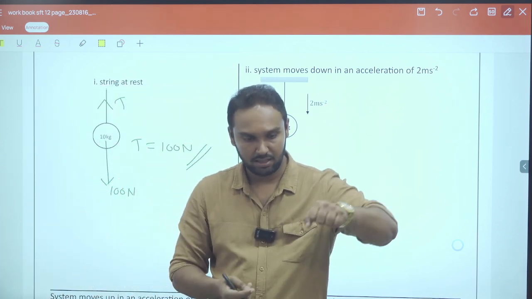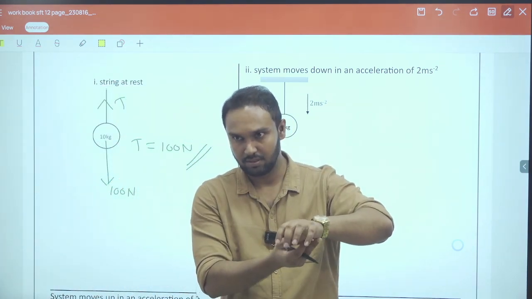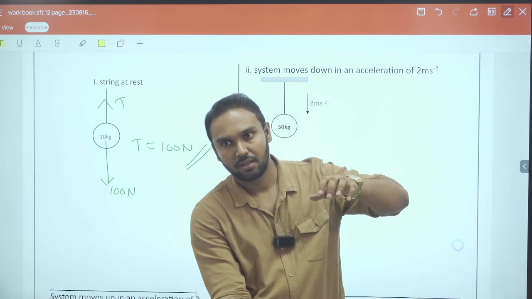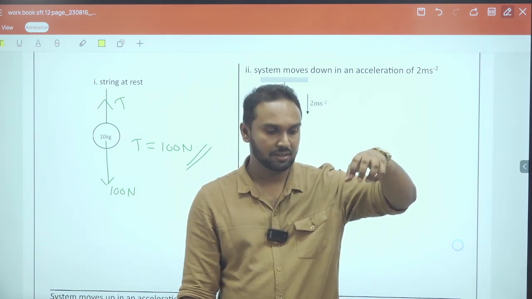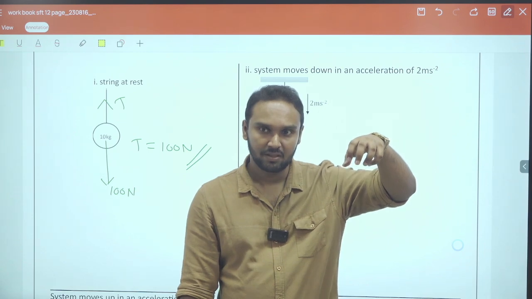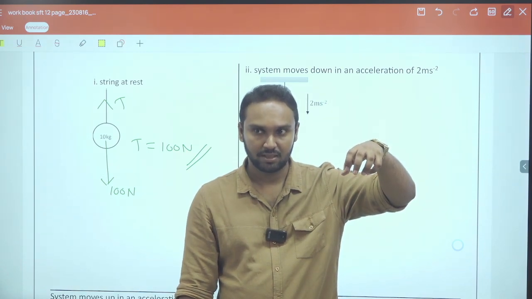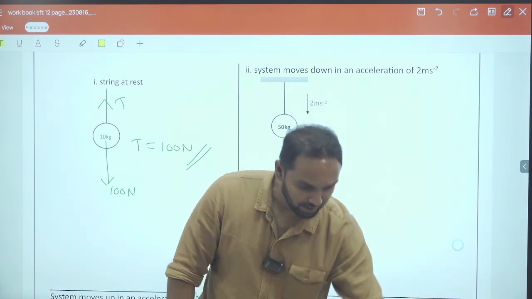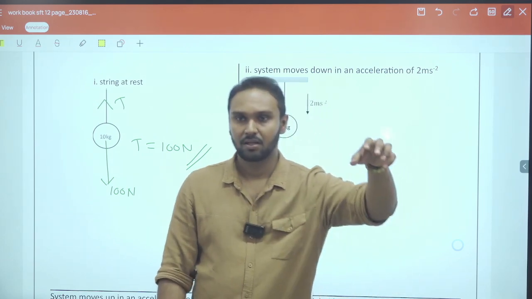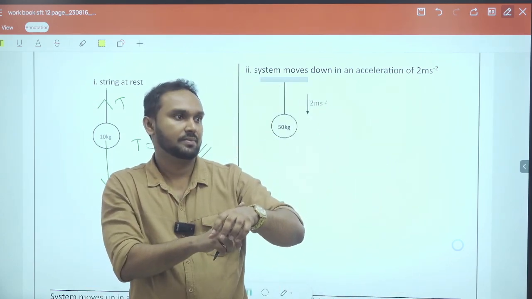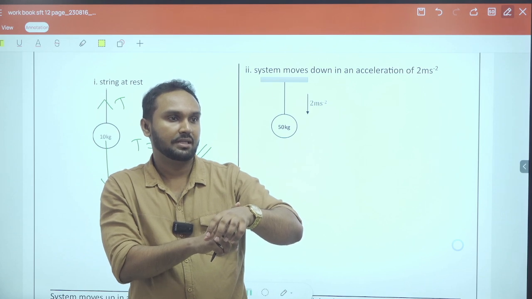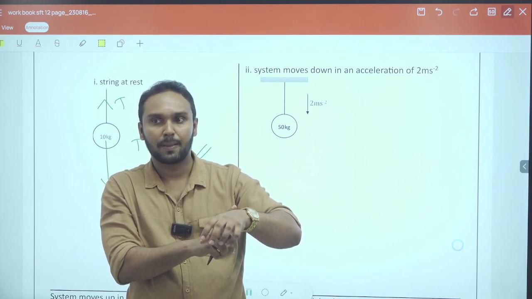You're moving the whole system with a 2 m s^-2 acceleration downwards. What would you feel on your wrist? Would the tension be increasing or decreasing?